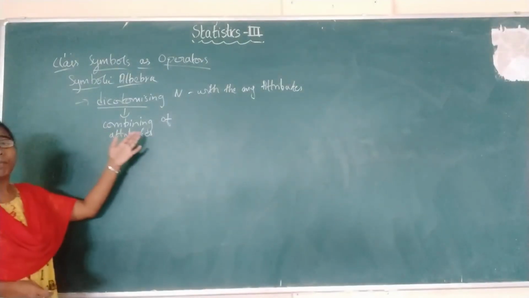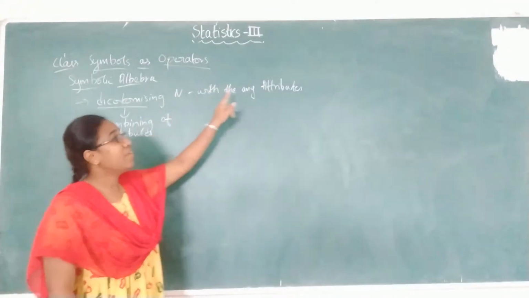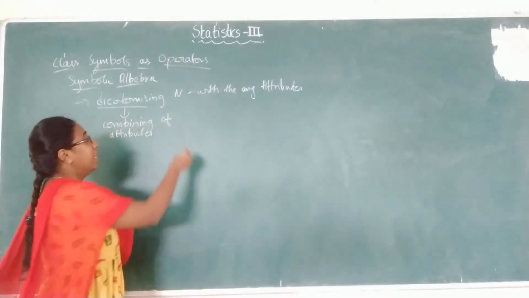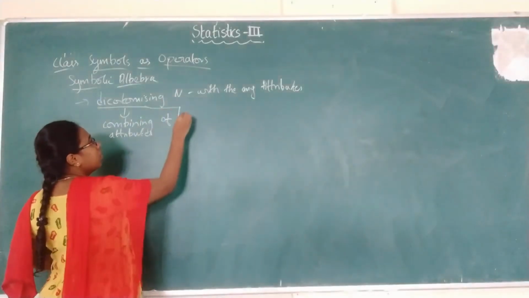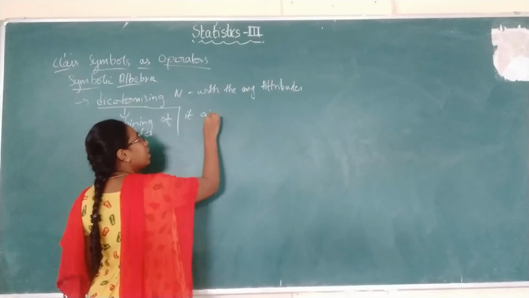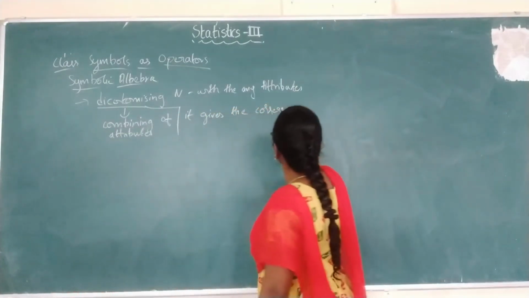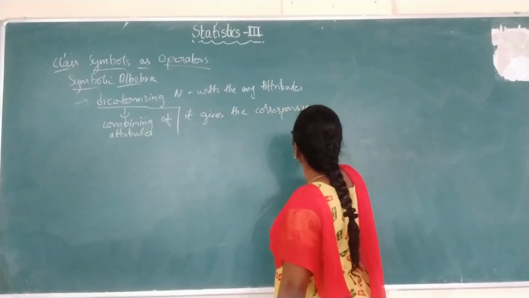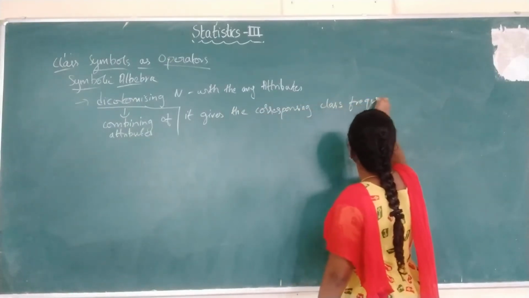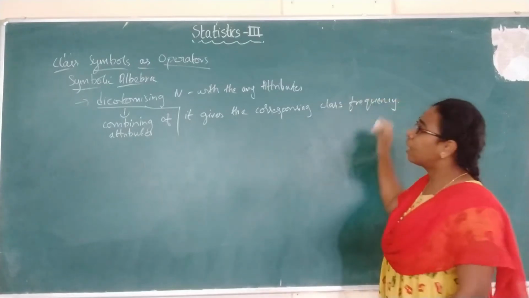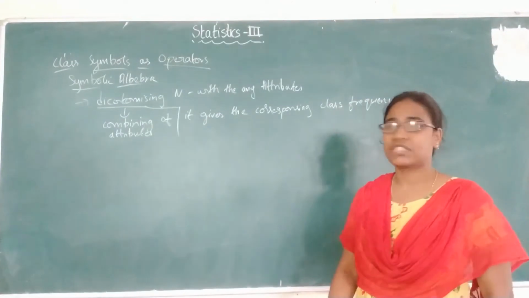So whenever you combine your N, or dichotomize N, with any attribute, it gives the corresponding class frequency. That means if we are combining N with any attribute, it gives its class frequency.